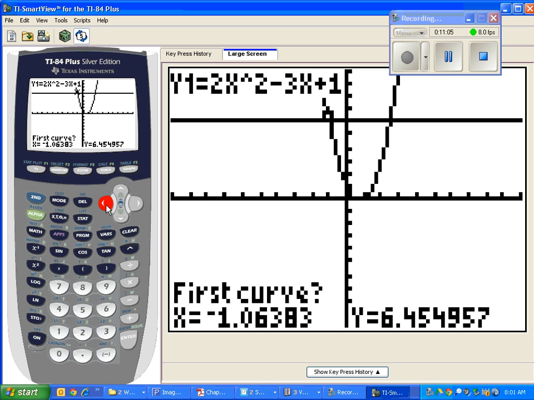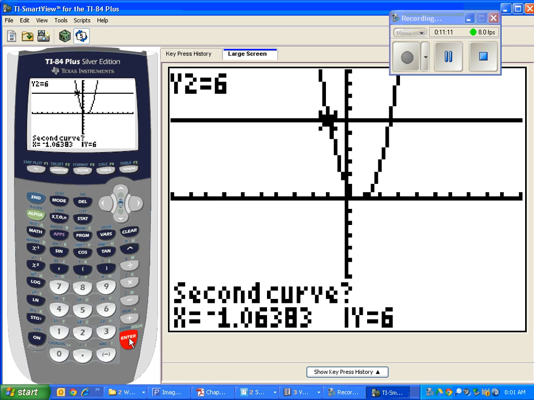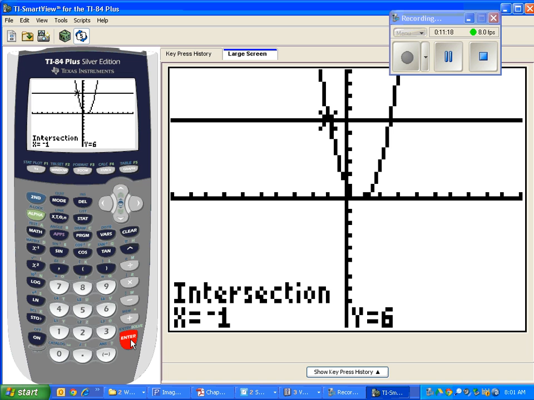It's asking me first curve, to which I say enter. Second curve, I'm also close to that point of intersection, so I'll press enter and then enter again. And hopefully you got as one of your x values -1 when you factored and solved.